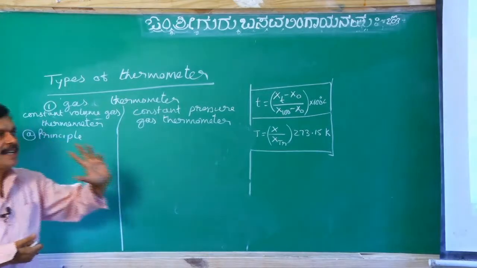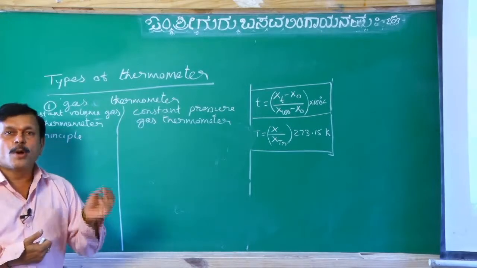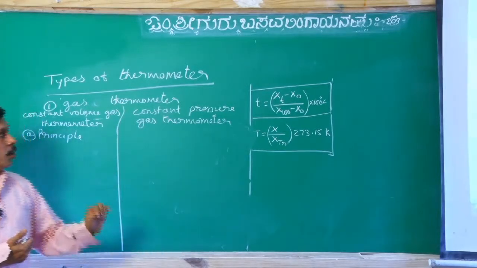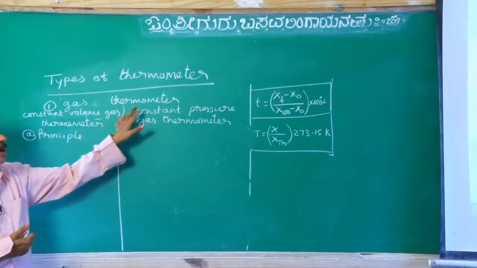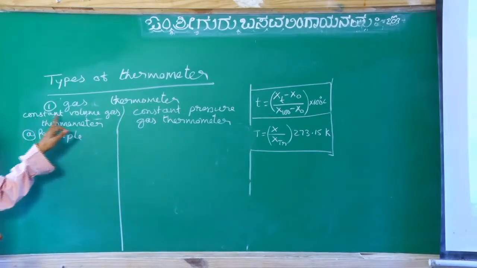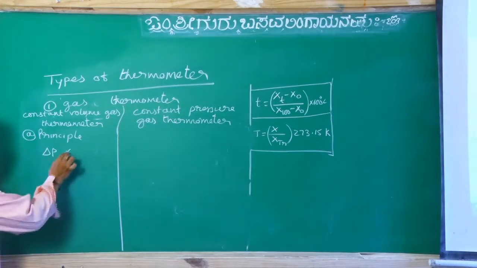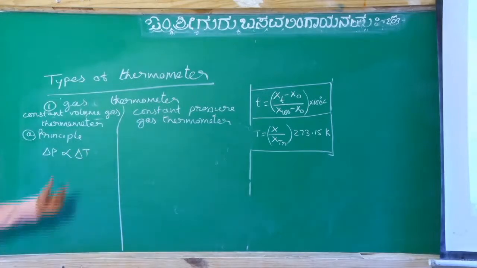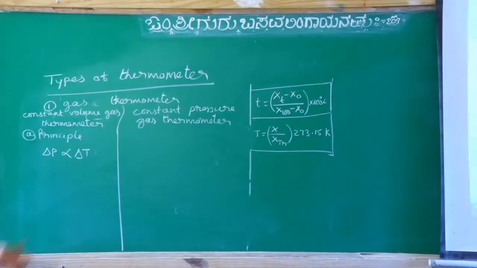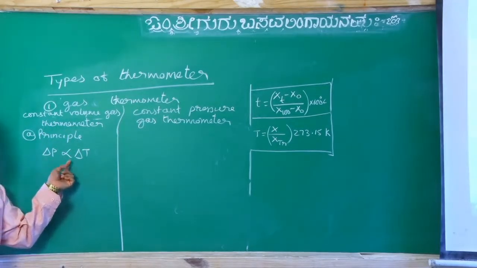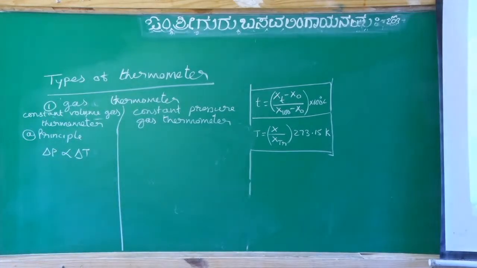Because when we heat a gas normally, both volume and pressure change, so if we keep any one of the variables constant, the other can be used as a thermometer. If we keep volume constant, pressure will change, and the principle is that with an increase in temperature, the pressure of the gas also increases. That is, the increase in pressure is directly proportional to the increase in temperature. This is the principle of the constant volume gas thermometer.